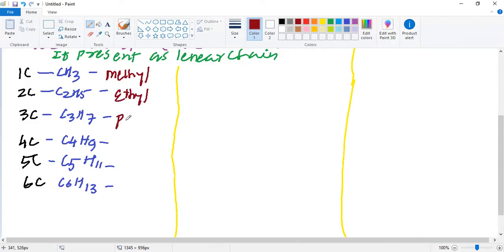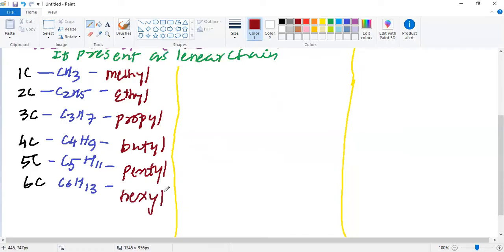For this we'll write propyl. For this we'll write butyl. For this we can write pentyl. And for this we can write hexyl. So by putting YL, we can write this. This is interesting.